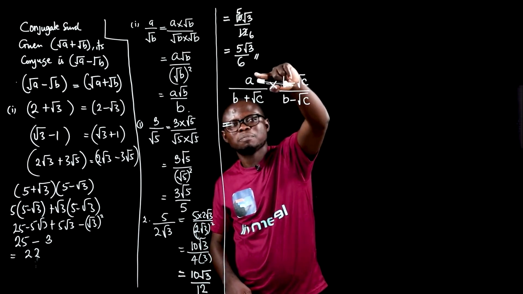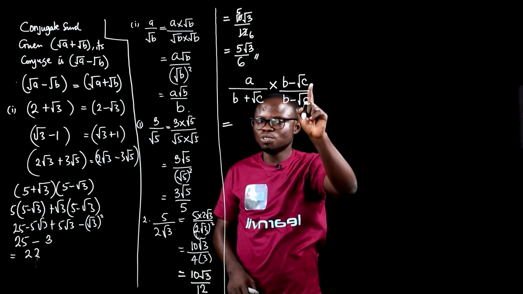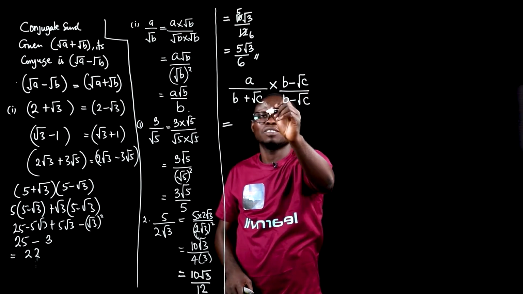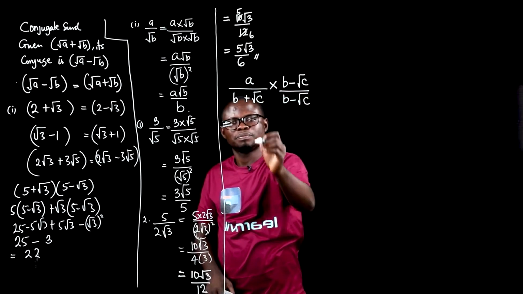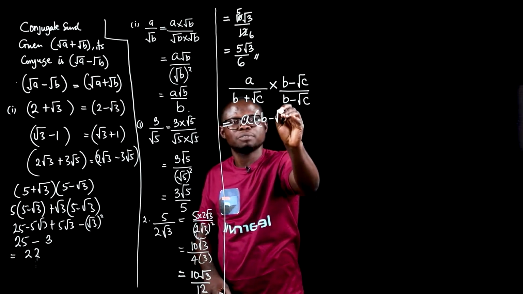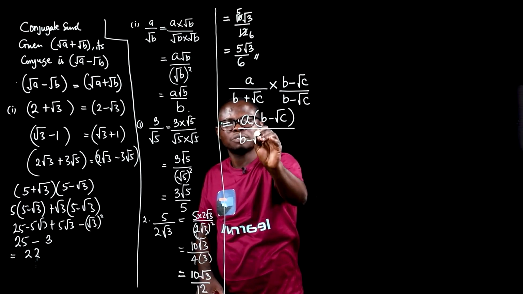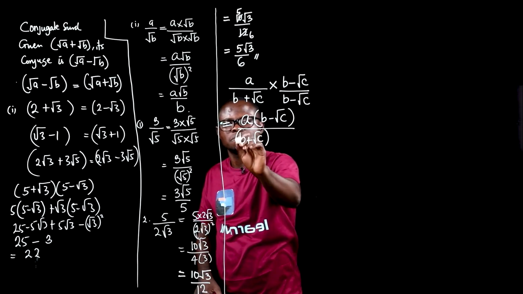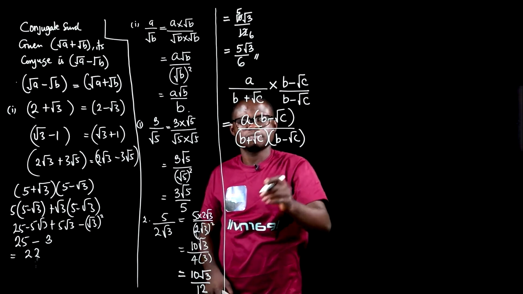So numerator multiplies numerator, denominator multiplies denominator. Do not divide this by this. So we have a times b minus root c over b plus root c times b minus root c.